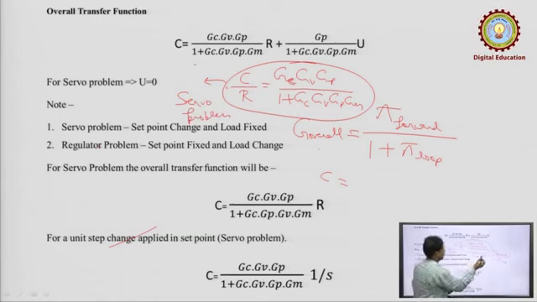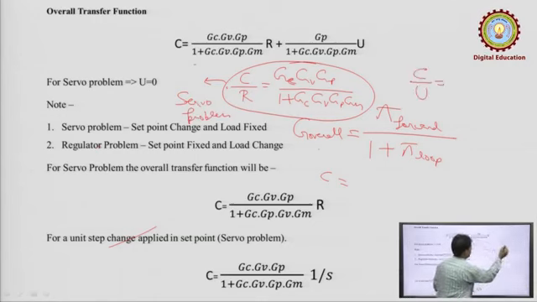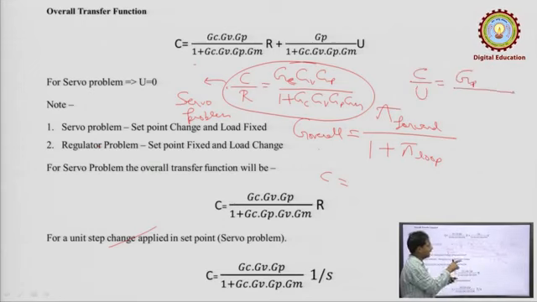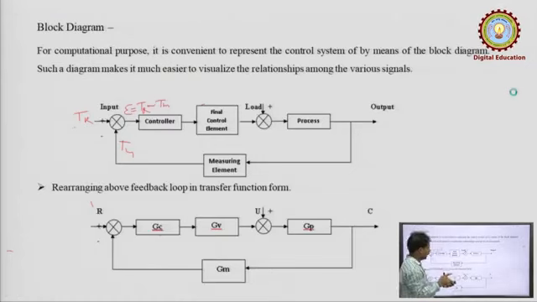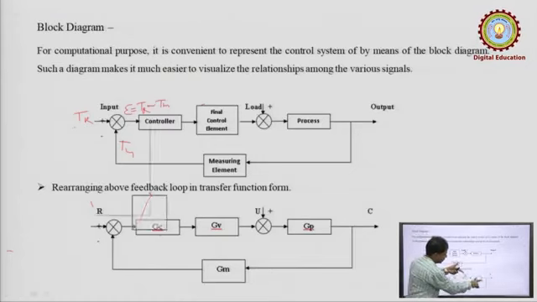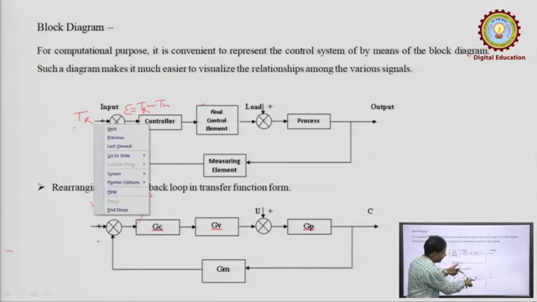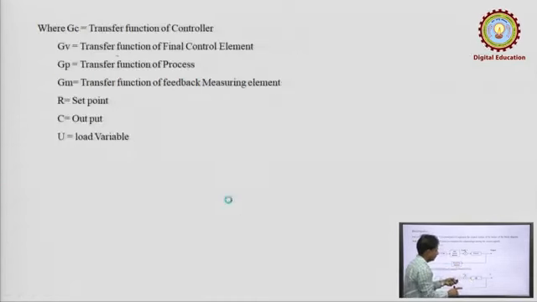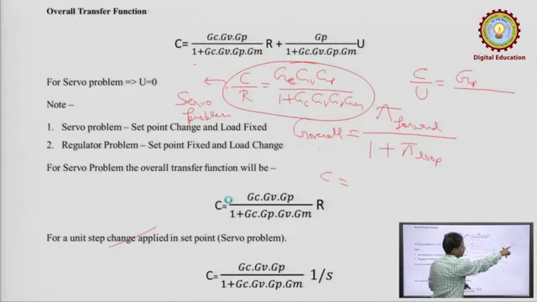Now, C by U equals GP upon 1. If I start from U to the output, only the GP transfer function occurs in between. So, in the forward path only GP occurs, so I write GP only.